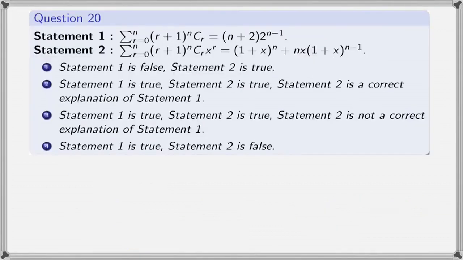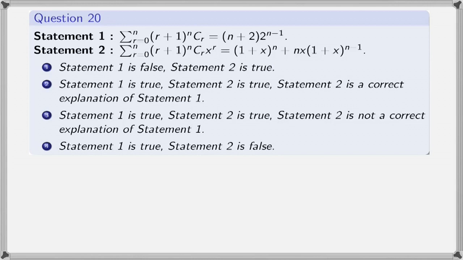This is our question number 20. We are given here two statements. The first statement is sum from r equal to 0 up to n, (r plus 1) into nCr is equal to (n plus 2) into 2 to the power n minus 1. And the second statement is sum over r equal to 0 up to n, (r plus 1) into nCr into x to the power r is equal to (1 plus x) to the power n plus nx into (1 plus x) to the power n minus 1.